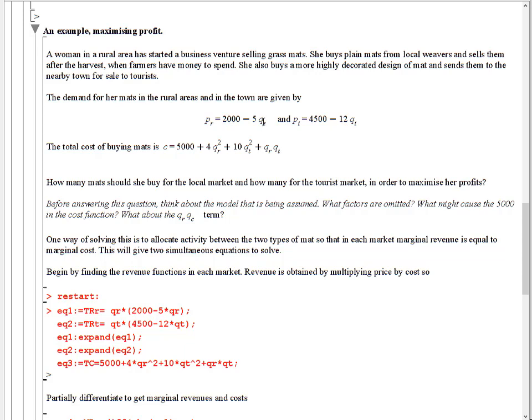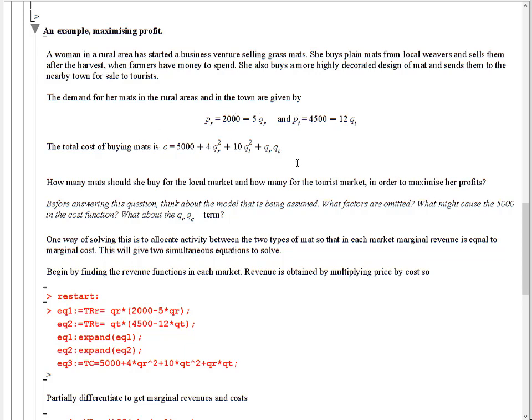If the quantity of the ones she sells in the rural area goes up, so QR increases, then she's going to sell fewer, so the price needs to be lower. The price goes down in the rural area. So as the quantity goes up, the price goes down, which is what you'd expect. If you increase the price, then the quantity goes down. And similarly, in the ones she's selling to the tourists, QT, to sell more of those, the price needs to go down. So these are the price functions, the demand functions.